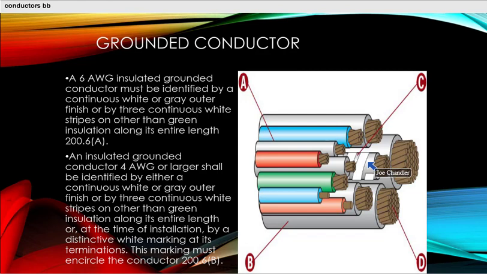So that's the difference in where the size breakdown is. Number 6 and smaller: white or gray, or the 3 white stripes, along the entire length. If it's number 4 and larger, it can be white, gray, 3 continuous stripes along its entire length, or you can mark it with tape at each termination.